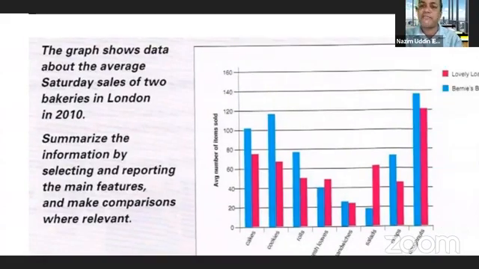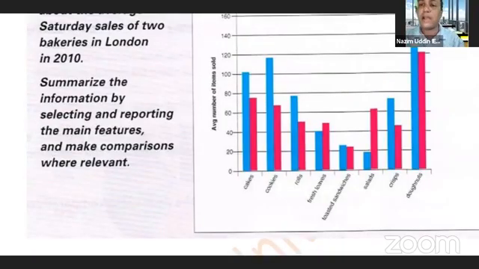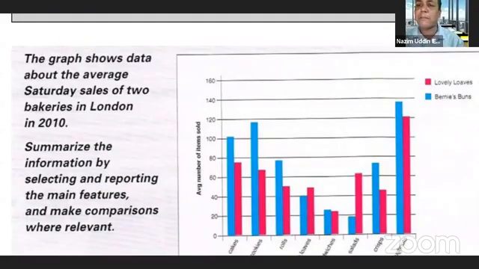This is about the figure, about the information. Now we have to paraphrase it. In the earlier classes, I discussed what we mean by paraphrase. Paraphrase means we have to make it into paragraphs.